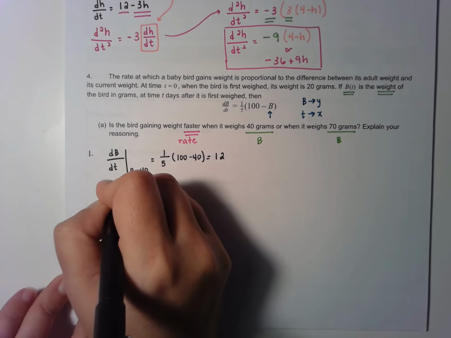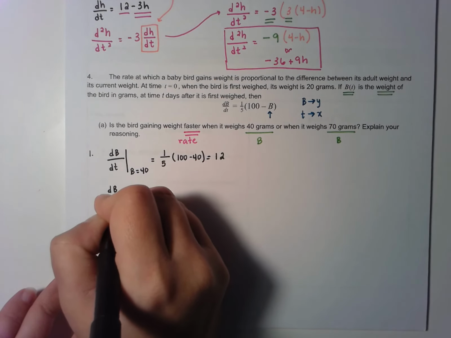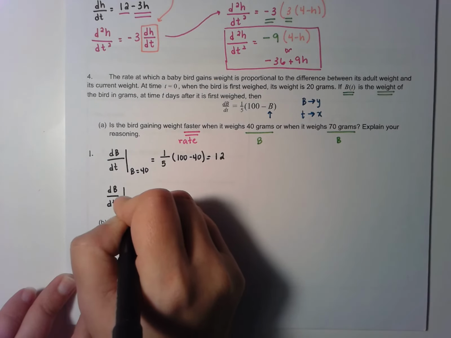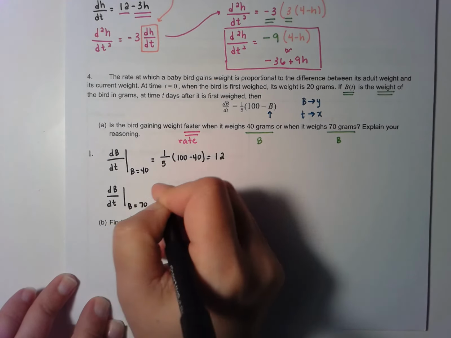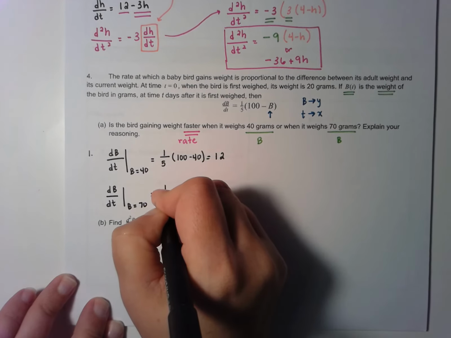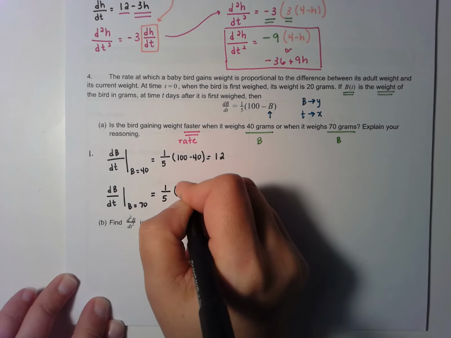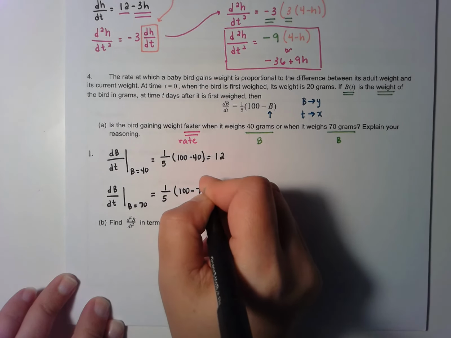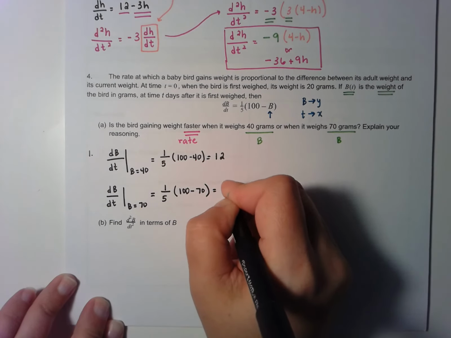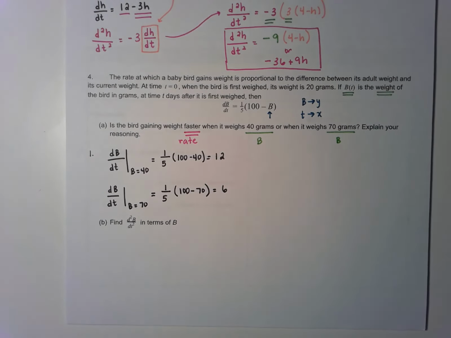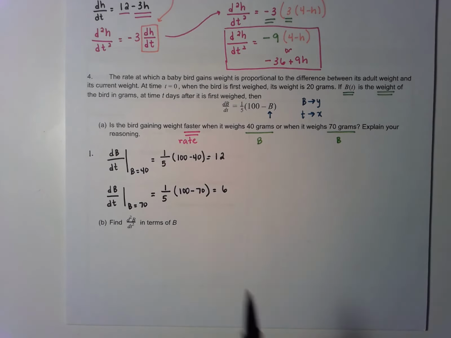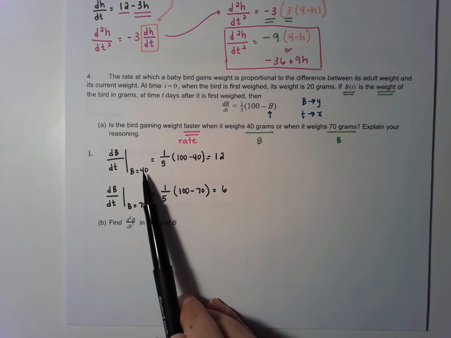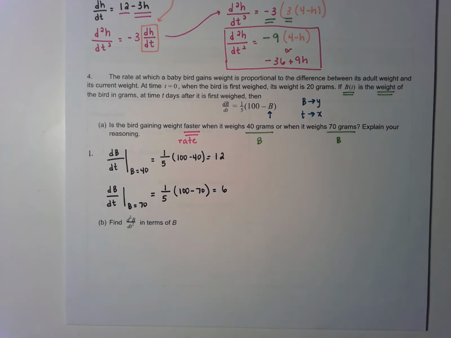Then I'm going to find dB over dt, the rate when b is 70, which would be 1/5 times 100 minus 70, which is 1/5 of 30, which is 6. So if I want to know when the bird is growing fastest, it's going to be when the weight is 40, because 12 is bigger than 6.